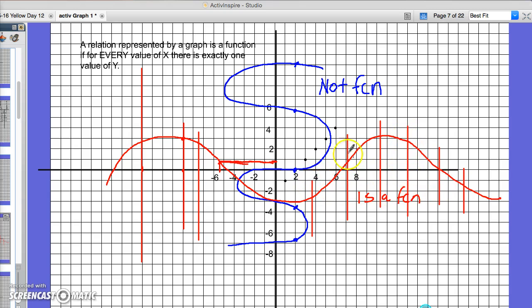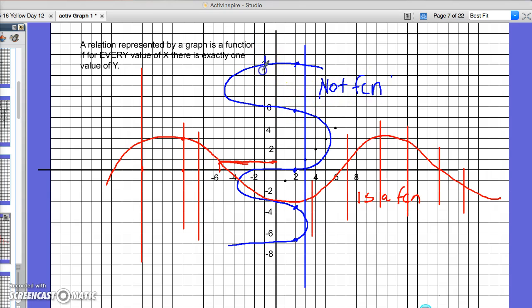It only crosses once. If I go back to my blue curve, I can do the same. This is called the vertical line test for obvious reasons. Using the same vertical line test, I can quickly see that there's at least one place where my vertical line crosses my curve more than once. When that happens, that means that it's not a function.